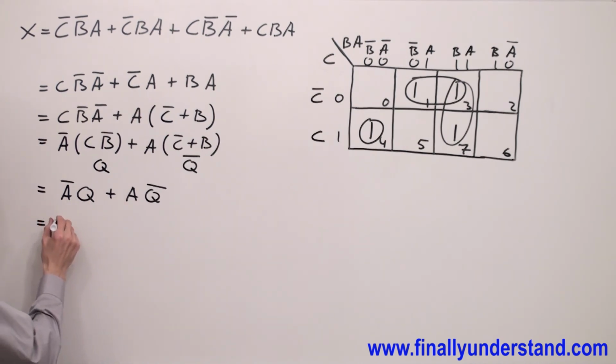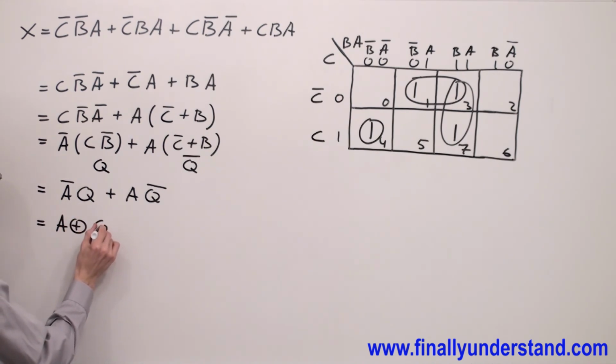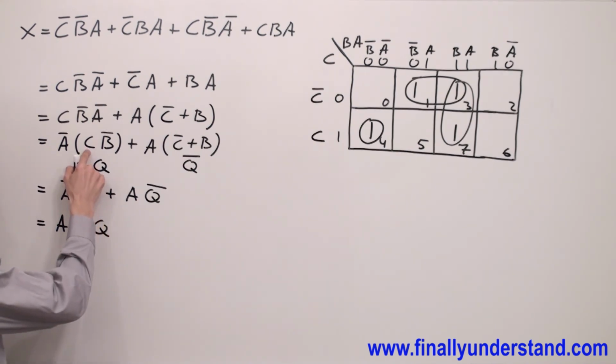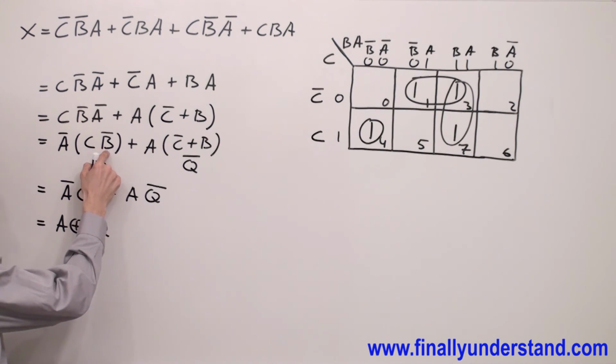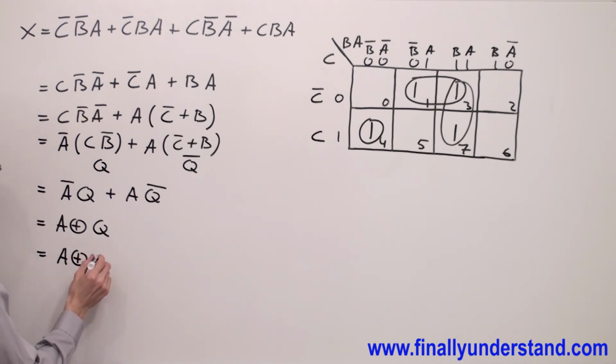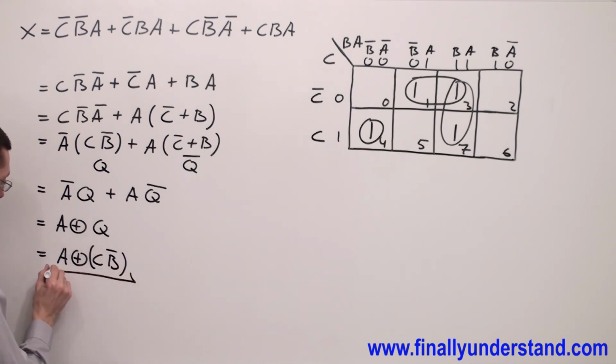So I have A exclusive OR Q. Please notice that Q is C and B naught. So instead of Q, I'm going to write C B naught. This is my final expression.